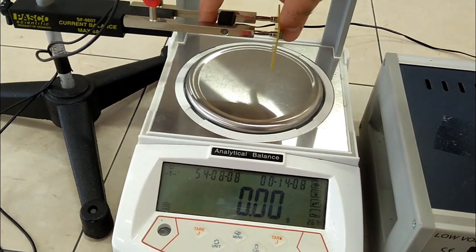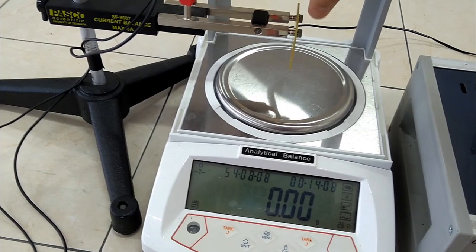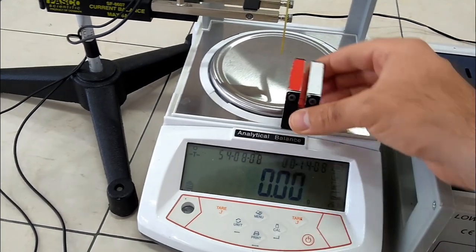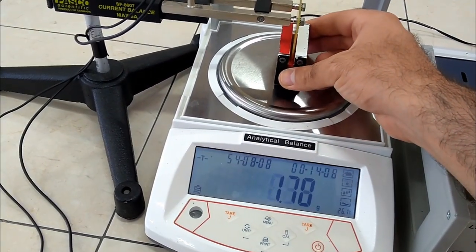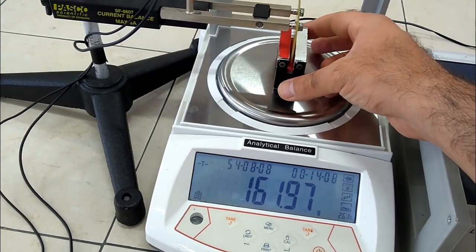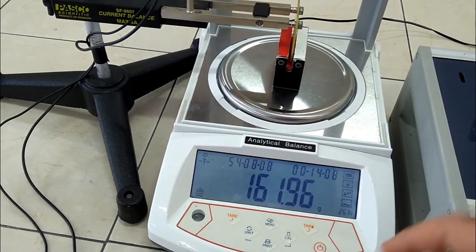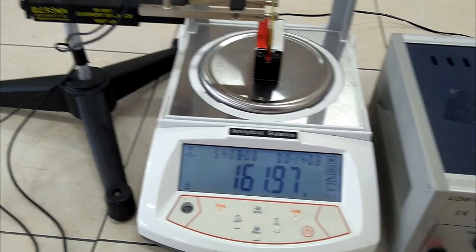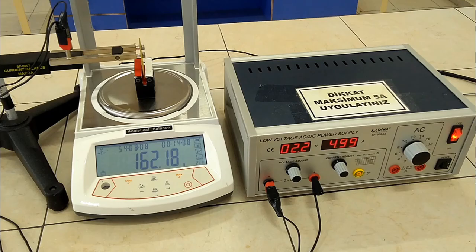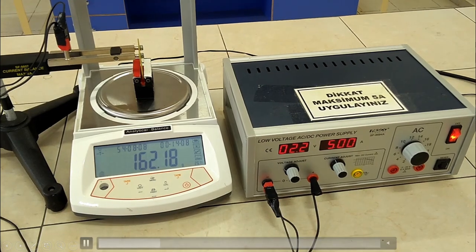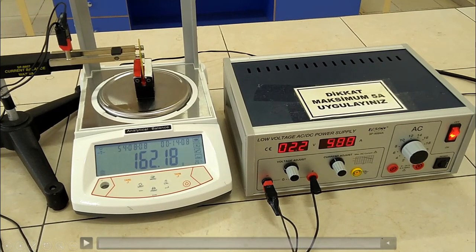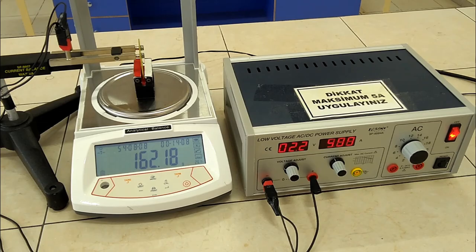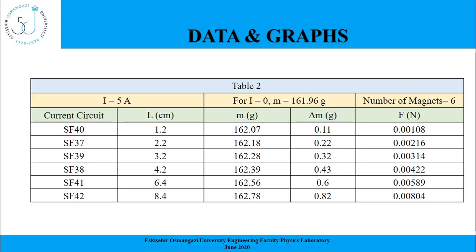In all these experiments, we should never interfere with the scale. We should never touch it. We should never shake it, to measure correct mass values. And we will repeat this for 6 different current circuits.